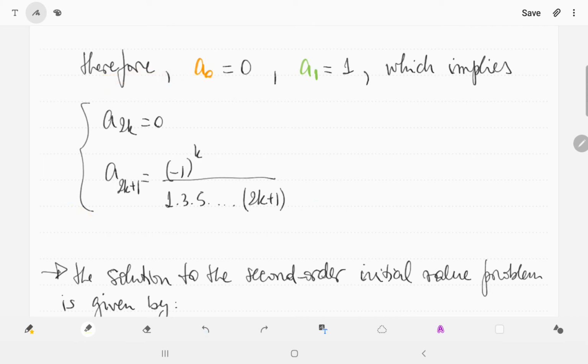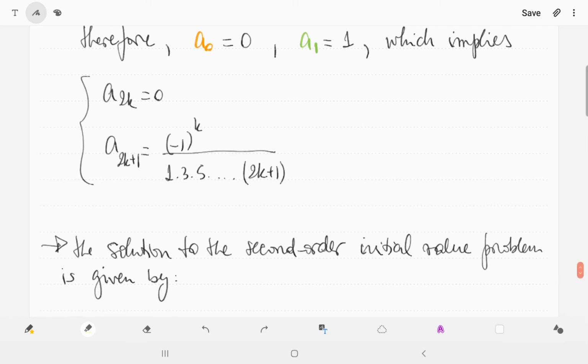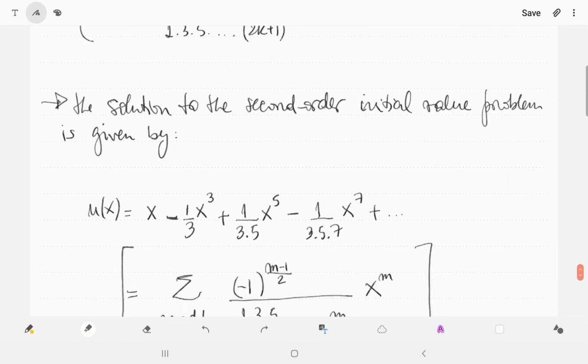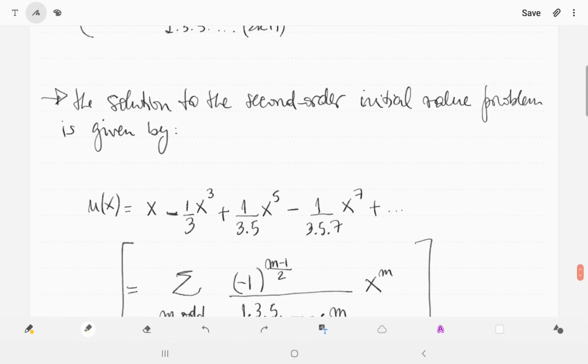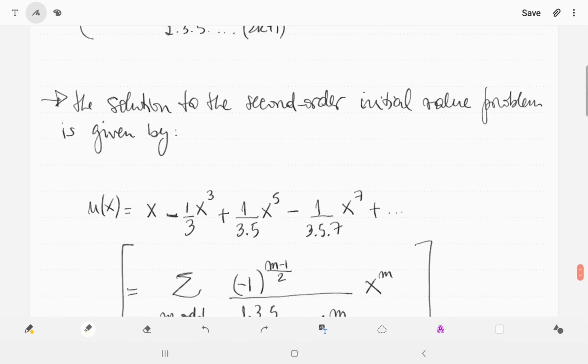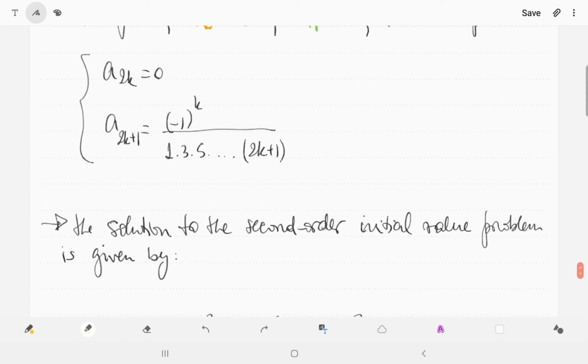And eventually we have the final solution. The solution of our second order initial value problem is given by this expression. Those coefficients are equal to 0, so the m equals 0, 2, 4, 6, 8 don't appear.